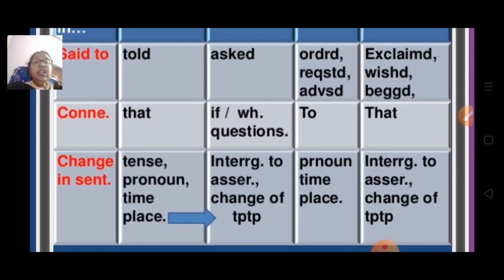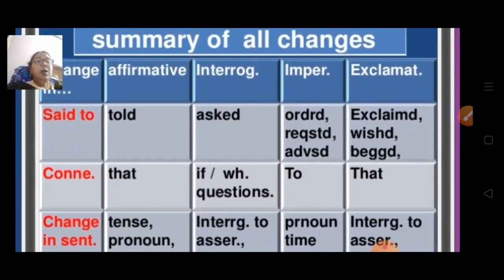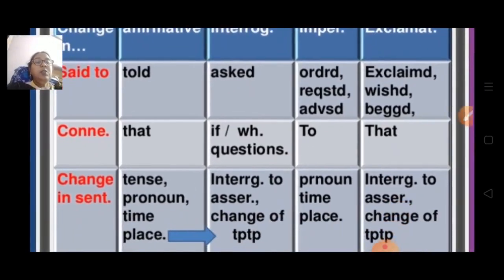And the changes in sentences are tense, pronoun, time and place. In interrogative sentences, we change the interrogative to assertive, along with the change of time and place. In imperative sentences, pronoun, time and place change.